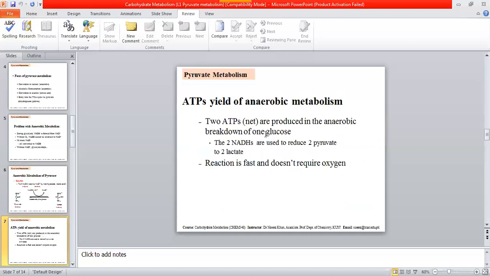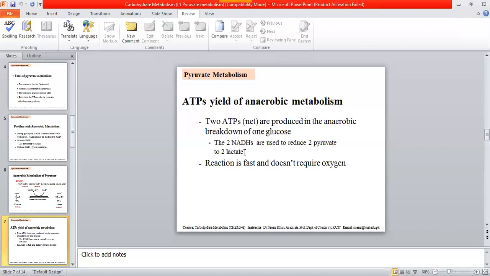So it means if we have anaerobic condition and the pyruvate produced in glycolysis is converted to lactic acid, no more ATP will be produced. So 1 mole glucose will give us 2 ATP molecules, and the two reduced NAD are oxidized into NAD, and instead of 2 pyruvate now we have 2 lactate.